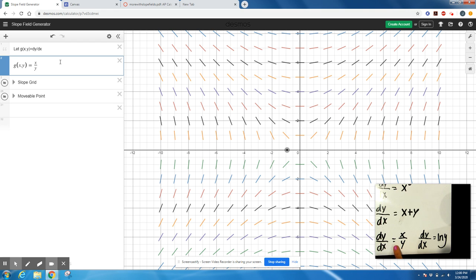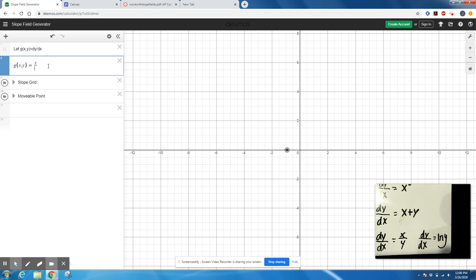This would look like a hyperbola in solution form, because I see something hyperbolic from algebra 2 and from conics in pre-calc on my screen. This is not the match. Let's look at dy dx equals ln y.